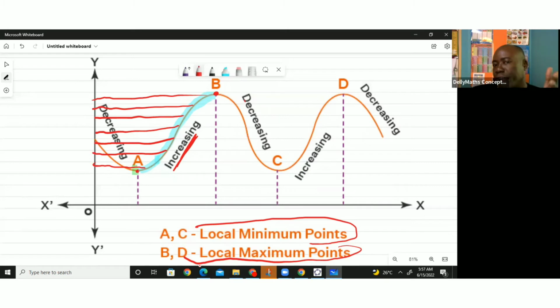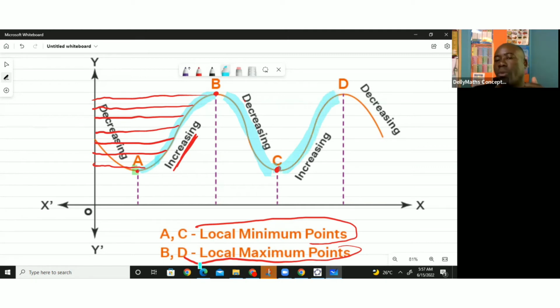Then to the right of it, I will be decreasing again until I reach C. At C, I am at a local minimum again, because I am at this point right here where I'm not increasing or decreasing. And then to the right of that, I'm going up again.